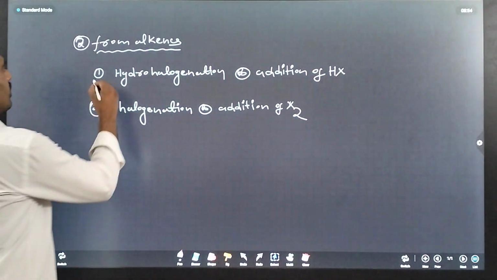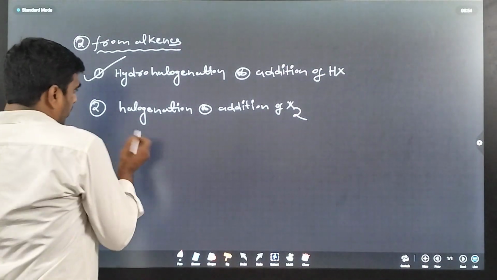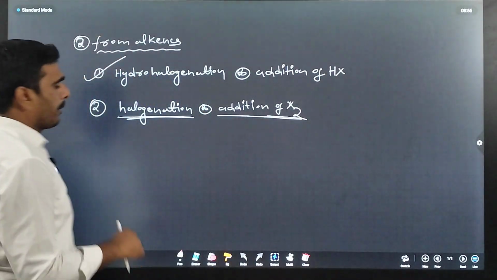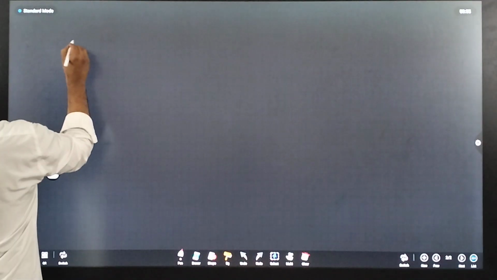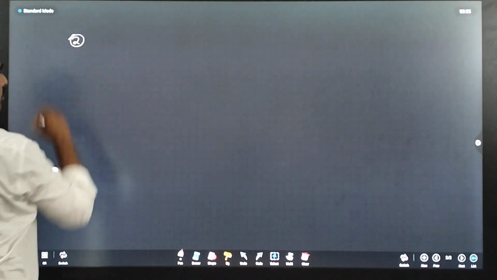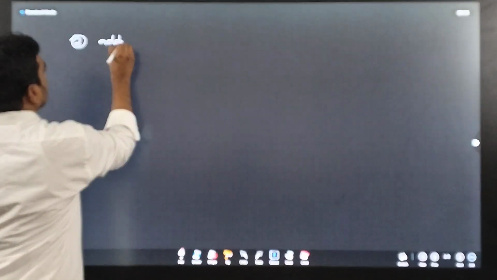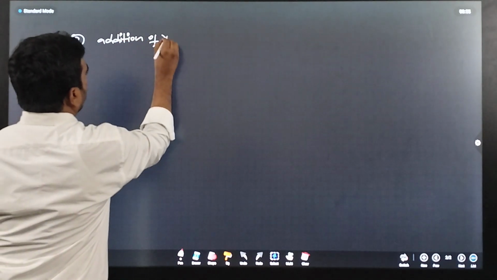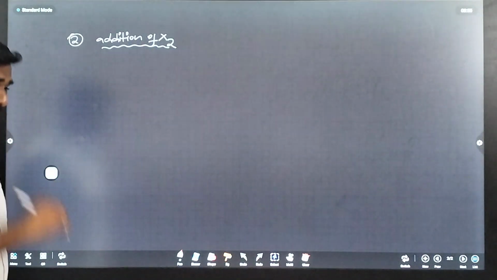This was already discussed in an earlier session. So now the discussion of this preparation method, the second preparation method from alkenes: addition of X2.